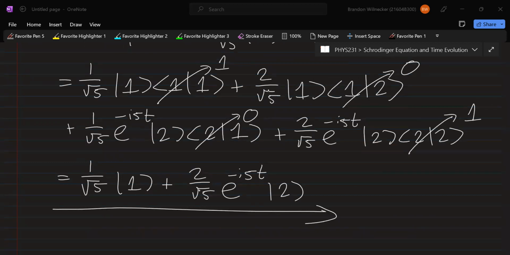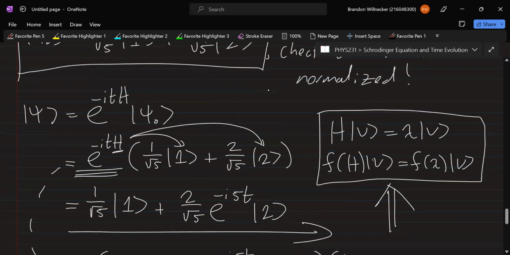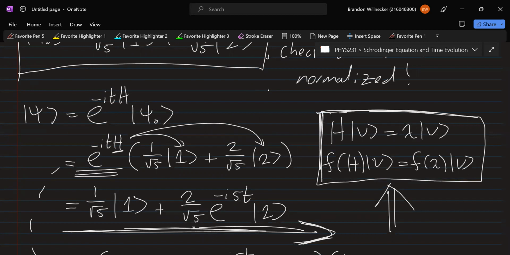Okay, so any of those ways work perfectly fine. But the way that I recommend is this over here, using this fact that I put in a box here. I think that is the easiest way to approach these problems. But of course, you can do whichever way you prefer.